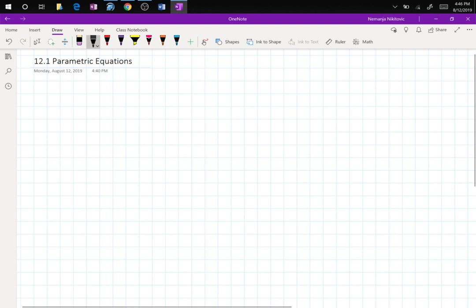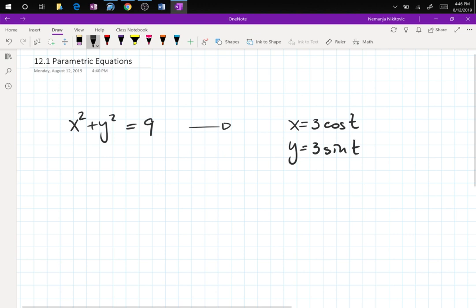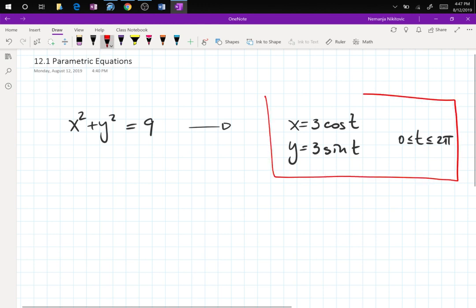Say you have a circle x squared plus y squared equals 9. A set of parametric equations that describes this particular circle is x equals 3 cosine t and y equals 3 sine t, and this t is in between 0 and 2 pi. What you see here in this red box are parametric equations.